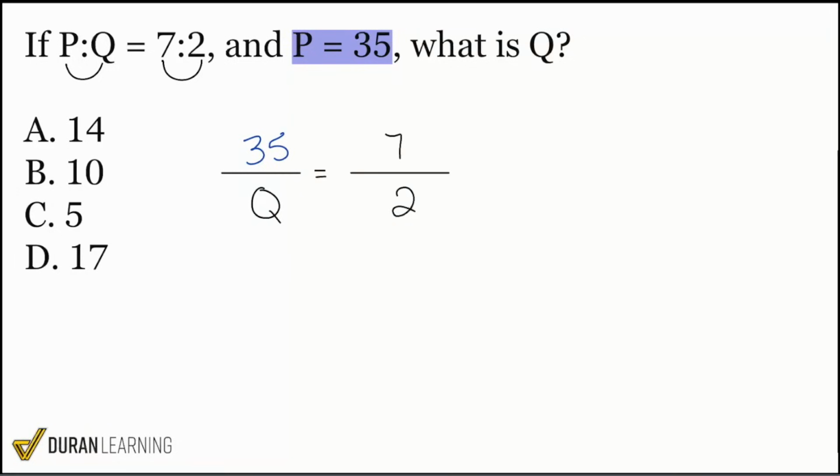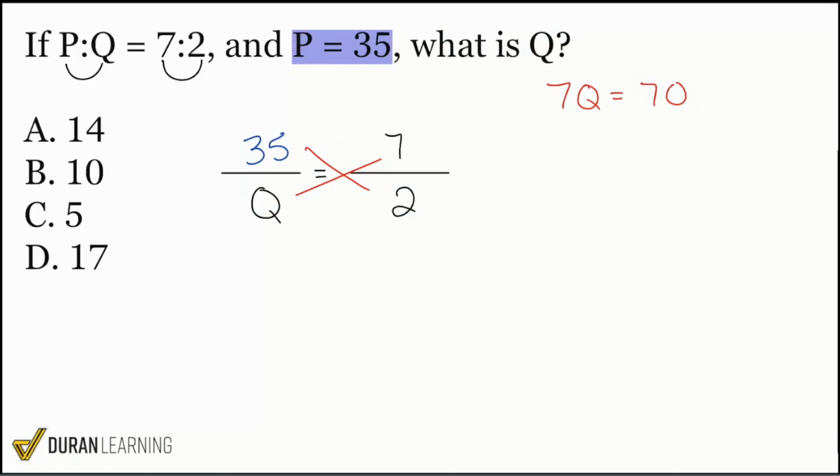Okay, now that we're here, we're going to proceed to solve this. If we want to, we can absolutely cross-multiply and divide. That should be your go-to method every single time. And if we do that, we'll see that we get Q times 7, which is 7Q. And then 35 times 2, or double 35, that gives us 70.